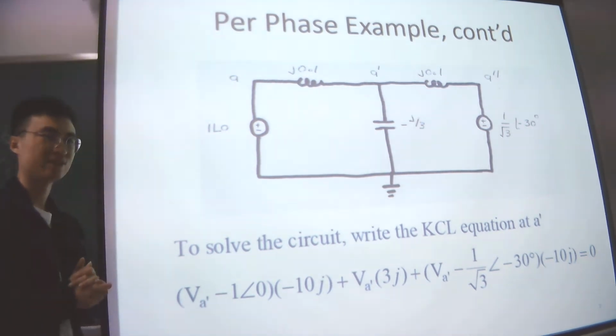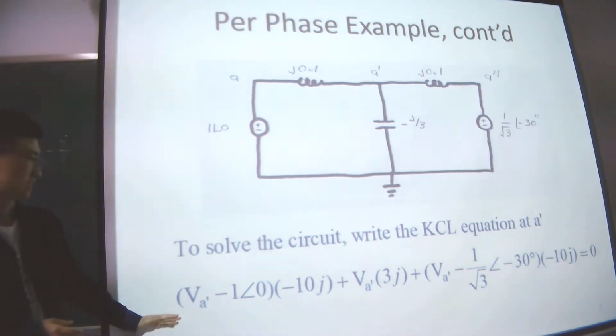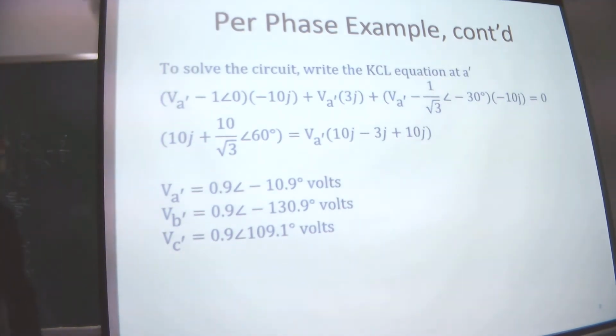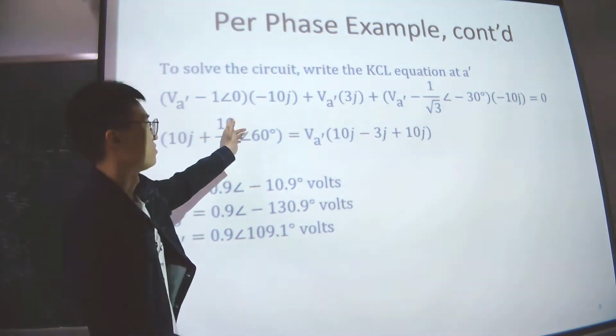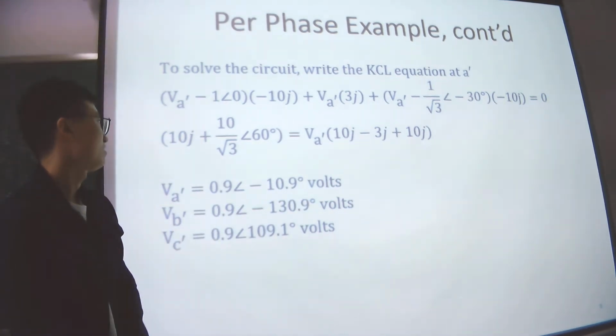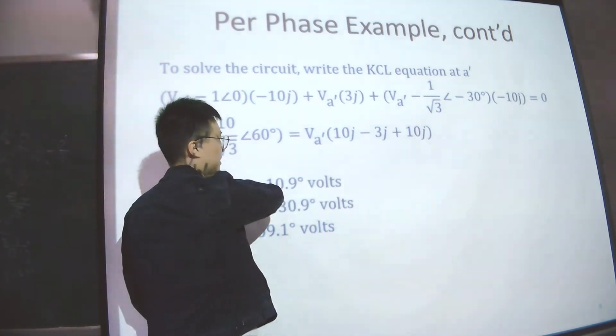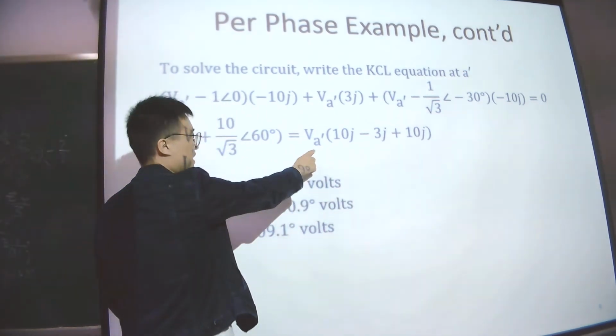Okay, so you just solve these equations. Solve these equations. Okay, so these are your parameters. Maybe a little bit difficult, but you have to calculate this and reform the equation to this, right?